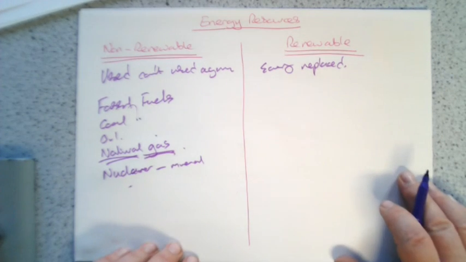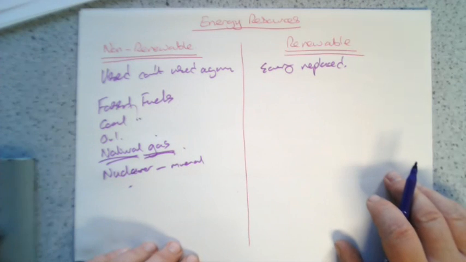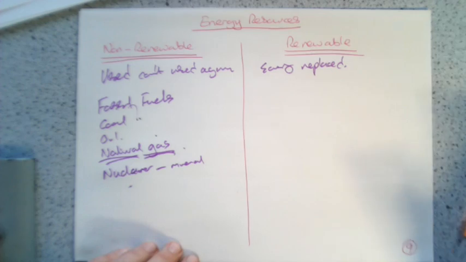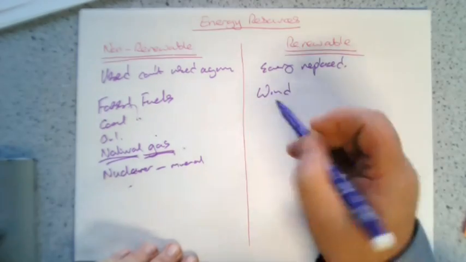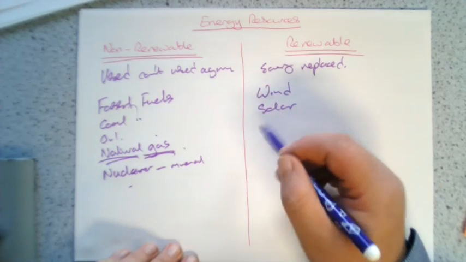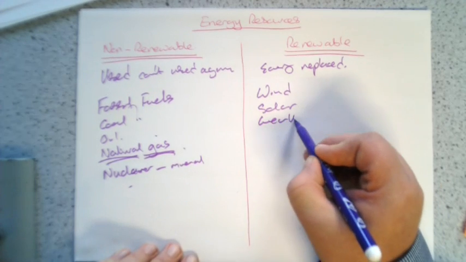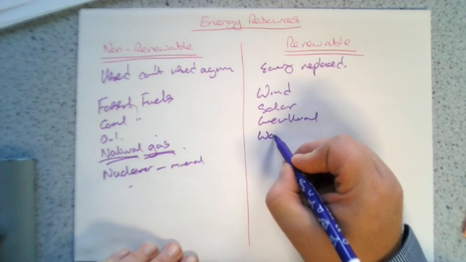But when we're thinking about renewable ones, think about things that can be easily replaced. So, wind. Think about solar. Think about geothermal. Think about wave.